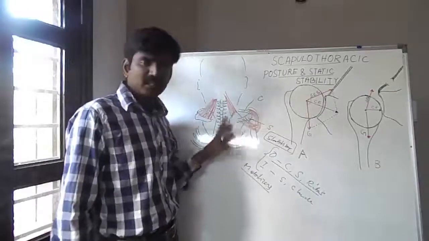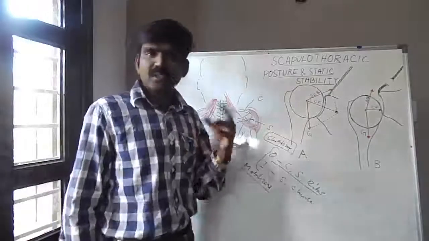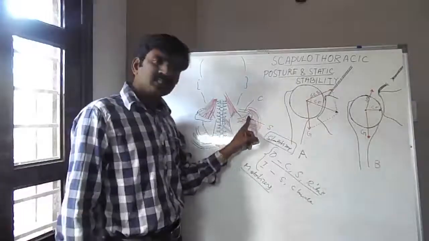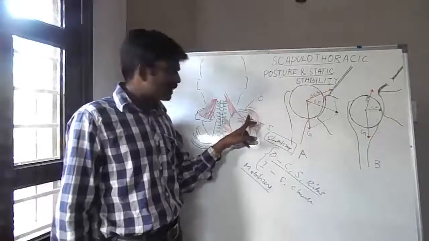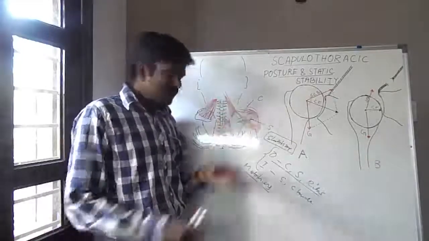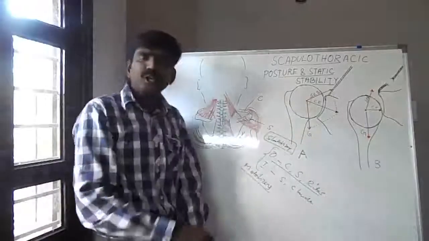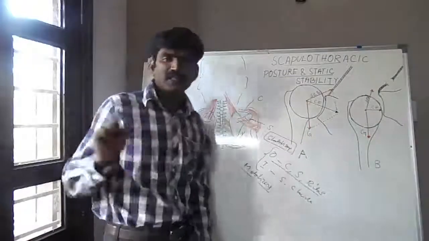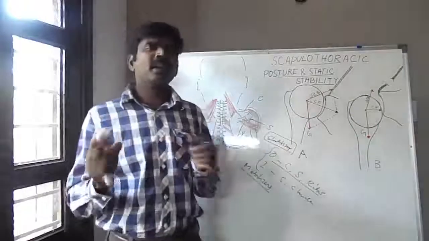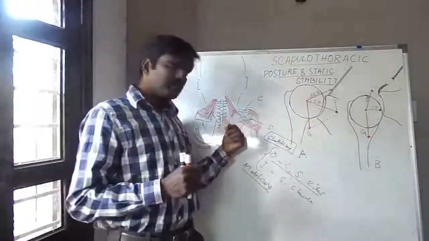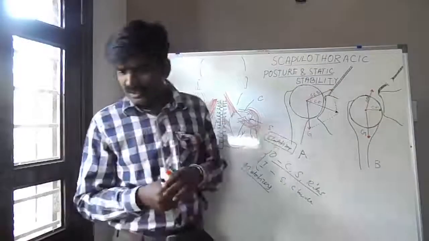And a mobilizer example is the deltoid. Its origin is the scapula, the acromion being part of the scapula, and the clavicle, and its insertion is into the humerus. So they are the mobilizers of the shoulder joint. Normally there should be an interaction between the stabilizers and the mobilizers.